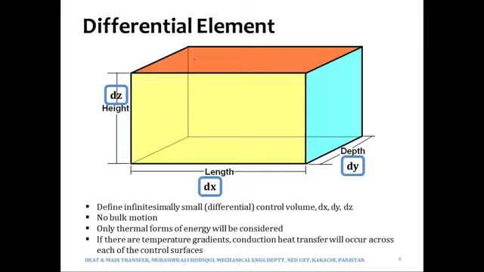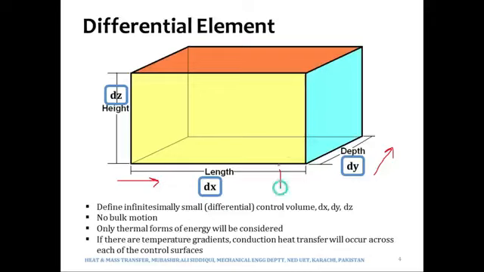So now if the heat is being transferred in this direction along the length, then it will move from that left side face to this right side face. And if the heat transfer is taking place in this direction, then it will be moving from that front face to the back face.